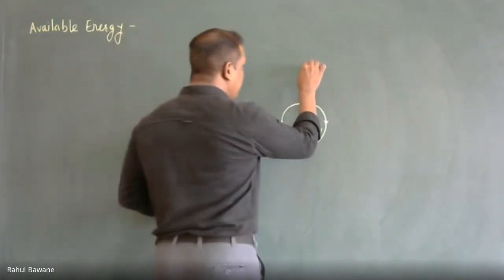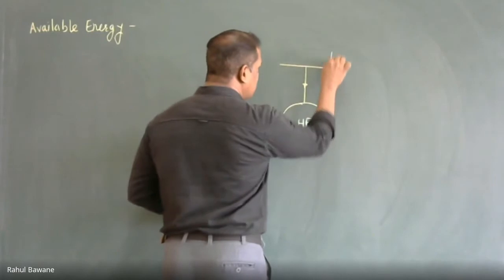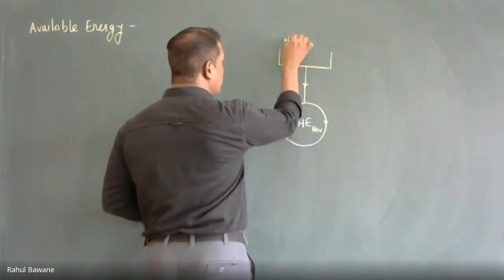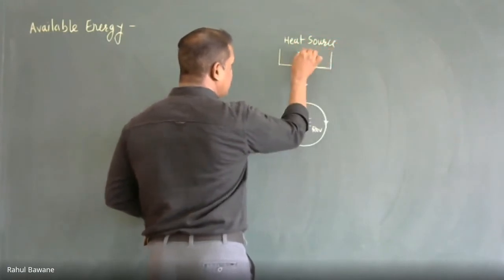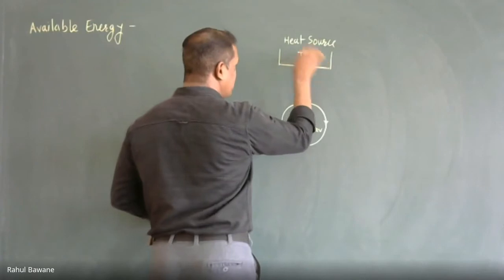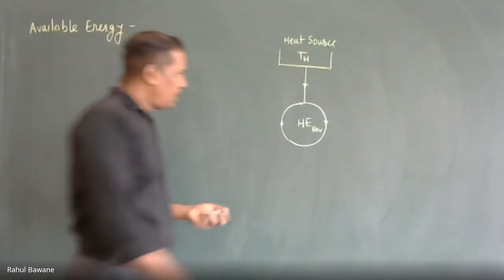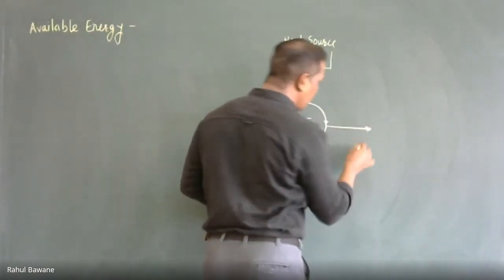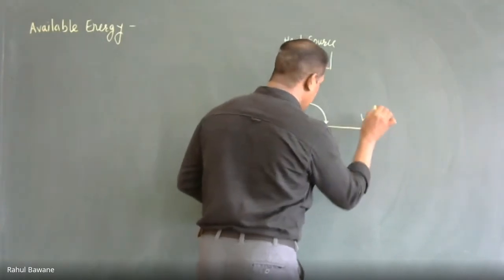We are supplying heat from some heat source, which is at, suppose, T_H temperature, and from this engine we are taking work output. So this work will be the reversible engine work.